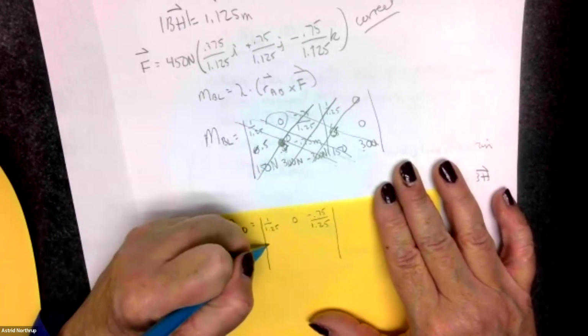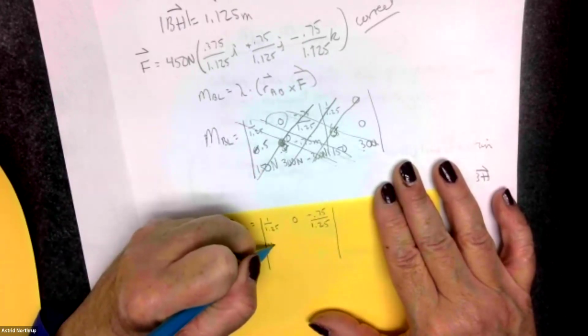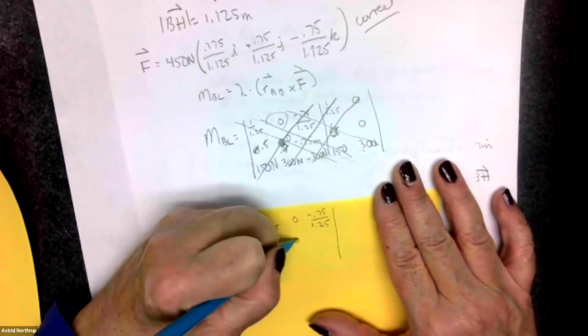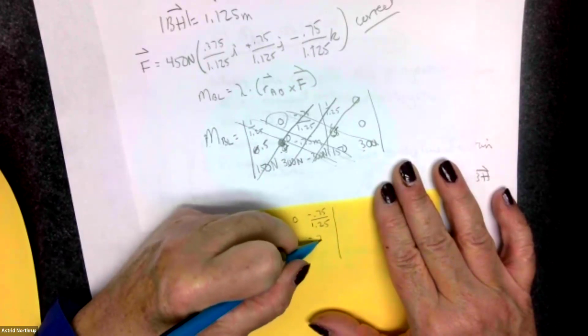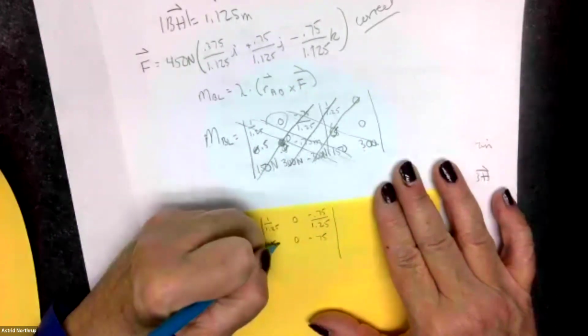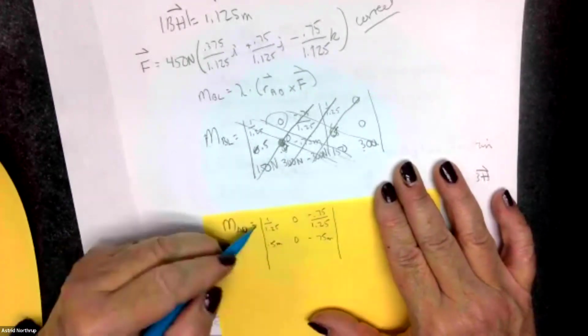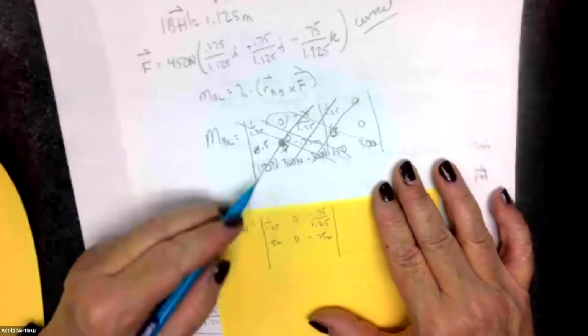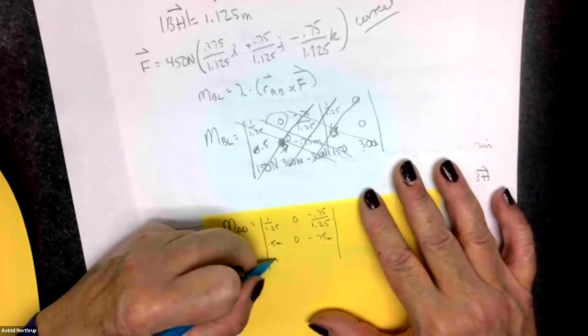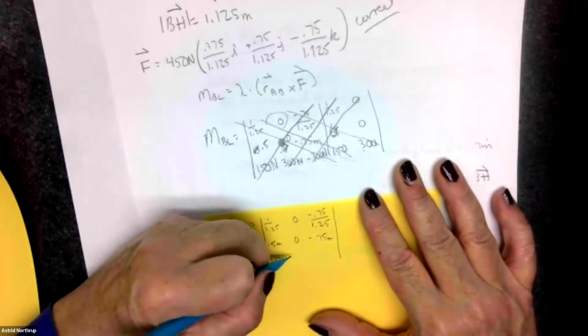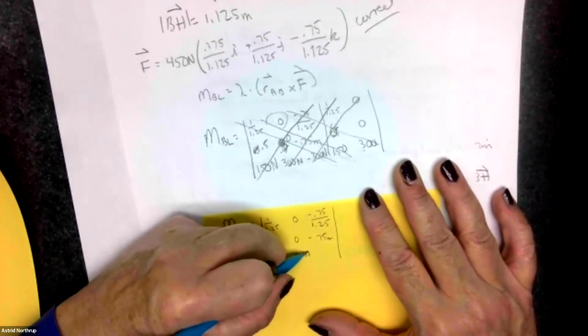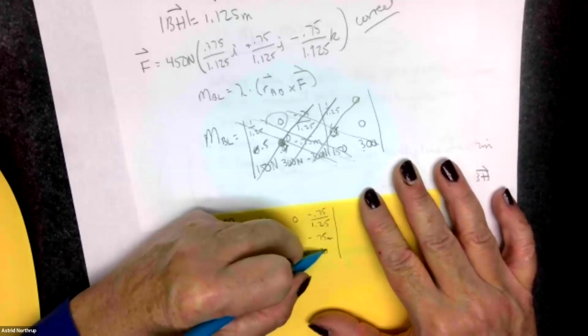Then in my second row, I'm going to have 0.5, 0, negative 0.75, and those are meters. Top row is a unit vector, so there's no units on that. My bottom row is 150 newtons, 300 newtons, negative 300 newtons.